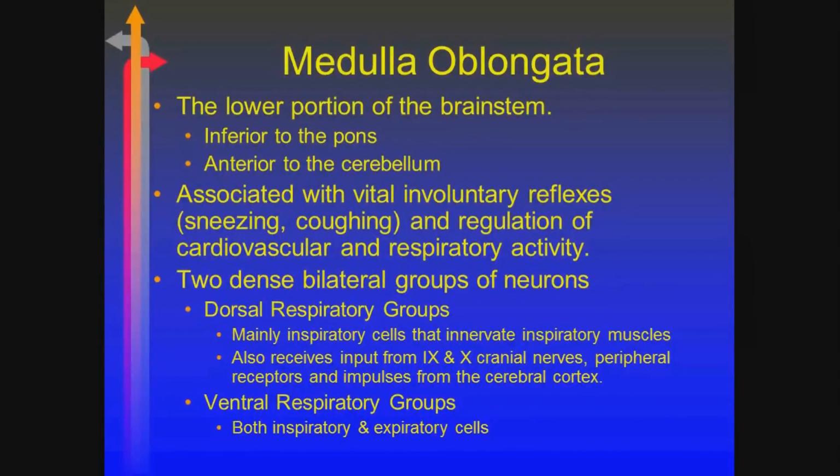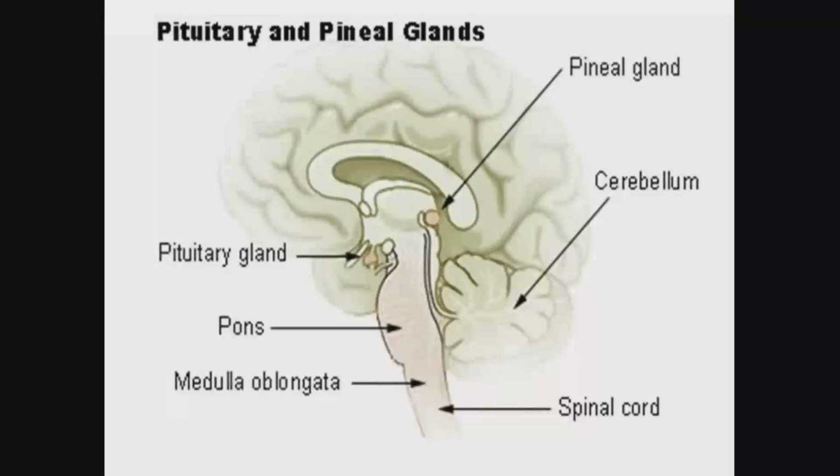And they do have also some input from the cranial nerves, and from the cerebral cortex, which allows for voluntary changes to that. The ventral will have both inspiratory and expiratory. So here's where it's located, just proximal to the pons.